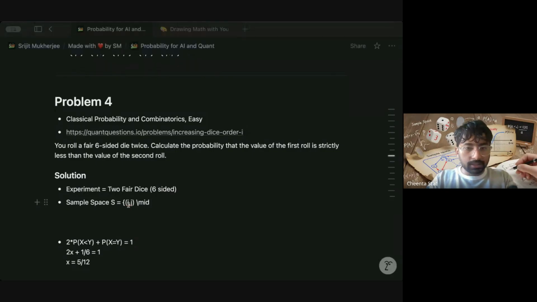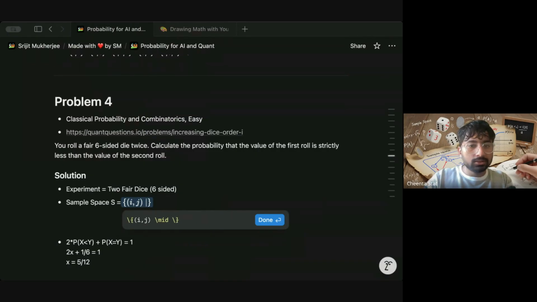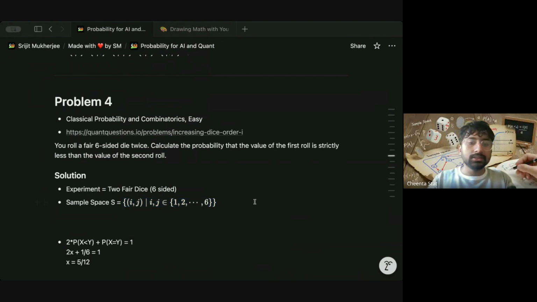So the set of all pairs (i, j) where i, j is in 1, 2, 3, up to 6. Those are the outcomes. So this is the sample space.